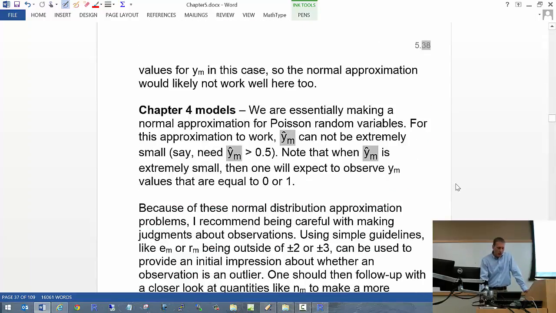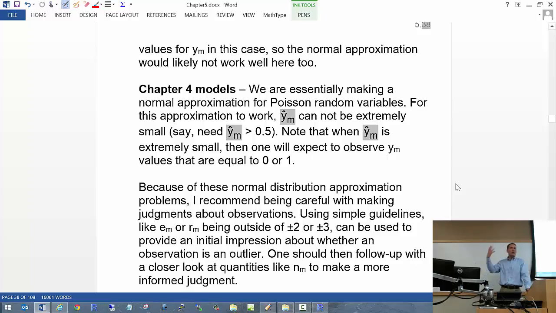What about chapter 4 models? This is when we observe something like a Poisson count. Fortunately, the issues are not as extreme here as they were with the chapter 2 models. Basically, where you need to worry is if you have, let's say, a y hat that's very low. In that case, a normal distribution approximation is going to break down more.